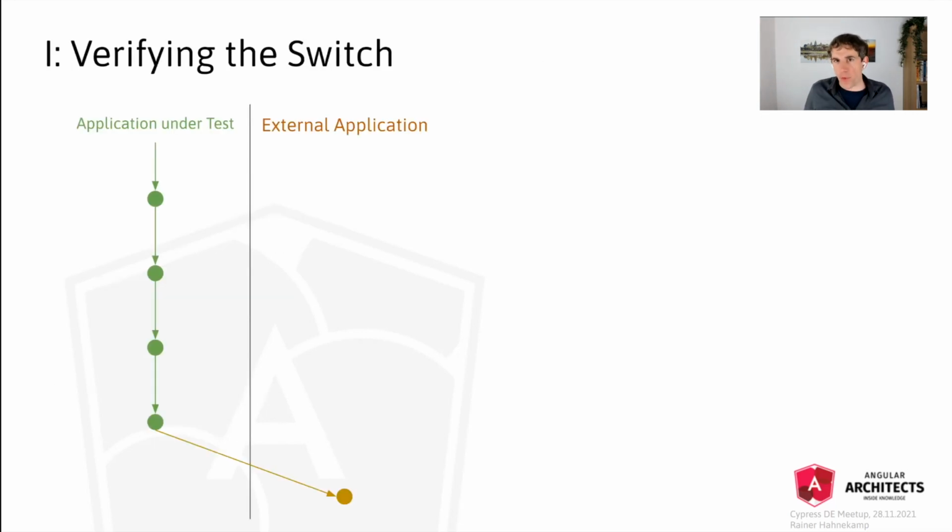So this is here the first one. This is where we say, okay, at the end of our test, we are redirecting the user to some external application. What you can do here is also very well described in the official documentation of Cypress, where they say, just try to avoid running the last step, just stop at the last green dot that you see here.